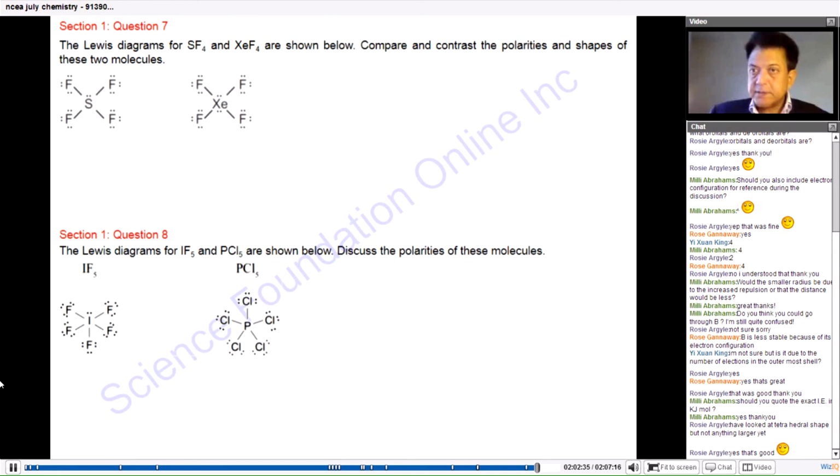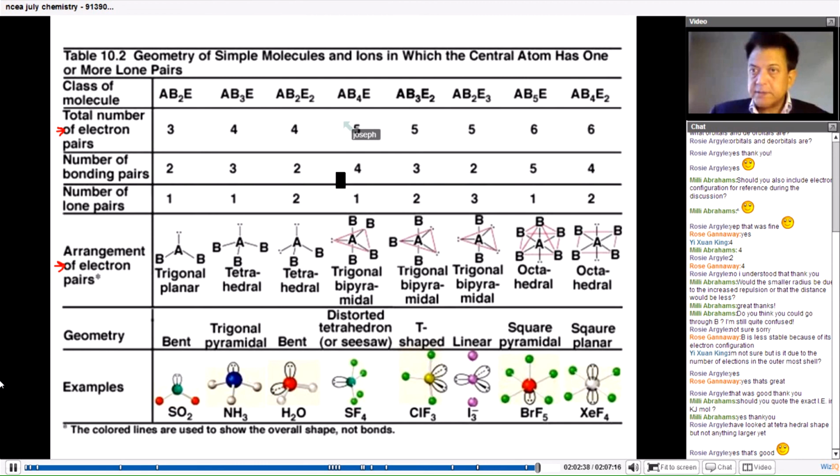By the way, they don't give you such a table here, but since we have it here, I'll use it. Otherwise, you have to draw it and you have to remember how to come up with these things. So there's 5. The basic shape we start off with is this trigonal bipyramid.